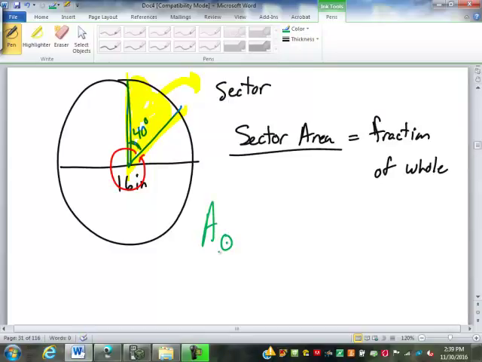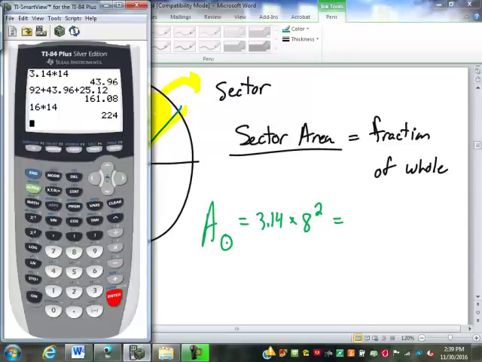The A with the little circle by it is the symbol for the area of a full circle. That's going to be pi, 3.14, times, is it going to be 16 squared? It's going to be half of the 16. It's going to be 8 squared because 16 is the diameter. So 3.14 times 8 squared should give us 200.96.